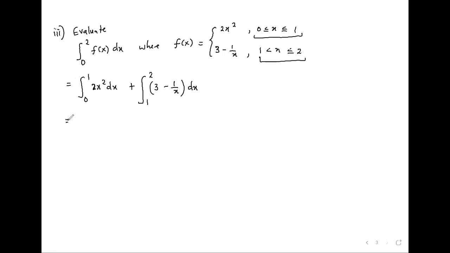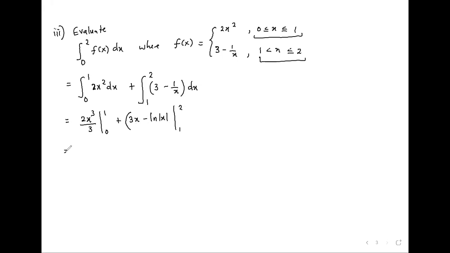Then integrate. So we'll have 2x power 3 over 3 from 0 to 1 plus 3x minus ln x from 1 to 2.